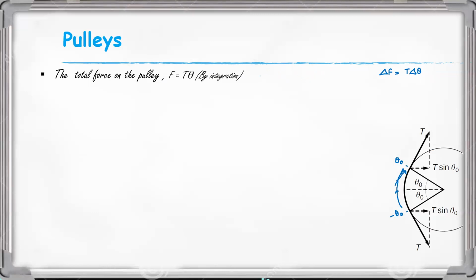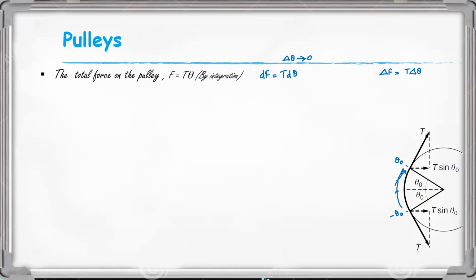When we integrate this quantity, delta f is equal to T delta theta, or df is equal to T d theta, taking the limit as delta theta tends to 0. We already took that limit.